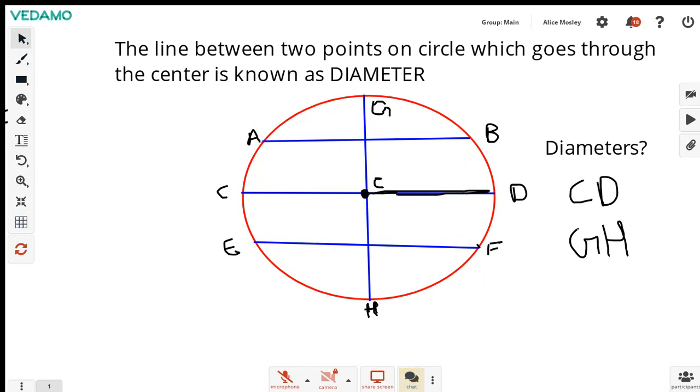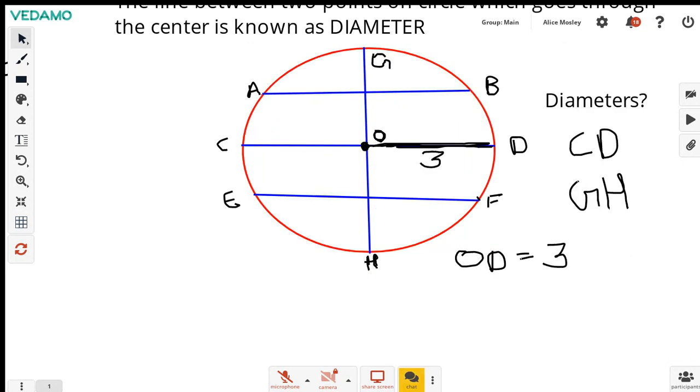Let's call the center O, because I already used the point C. So if I tell you the distance between O and D is equal to 3, can you find me the value of the diameter? Everyone in the chat box, find me the value of the diameter if OD is equal to 3.